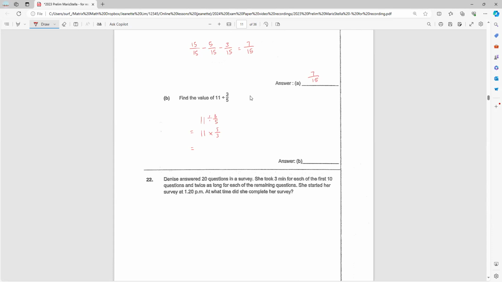You'll get 55 over 3. Mixed number, the largest you can go will be 18. You can do your working. 18 times 3 is 54. So you're left with 1/3. 18 and 1/3.